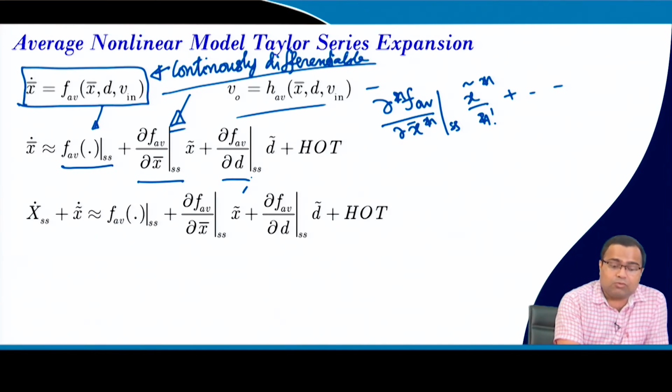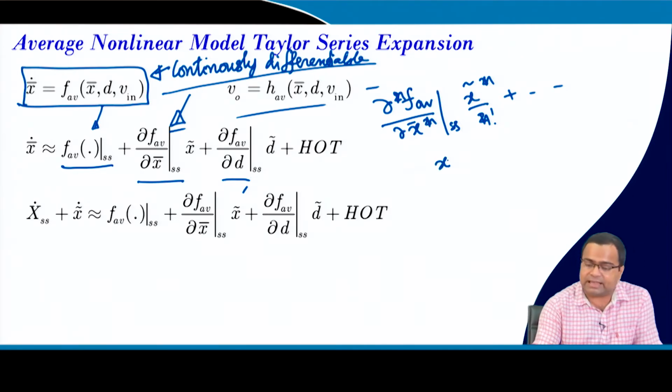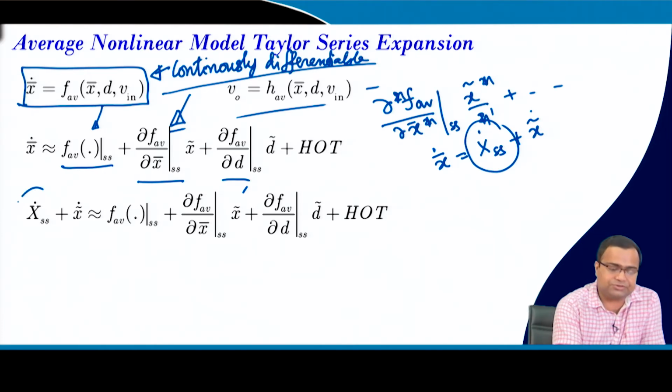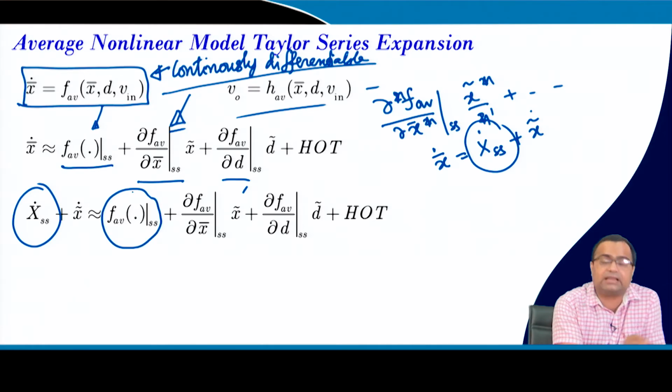Now, we generally replace that x average by the steady state quantity plus a perturbed quantity, right. Now, what is the derivative? We can differentiate and the steady state derivative is 0. So, this is 0, and the steady state quantity again this term will be 0.